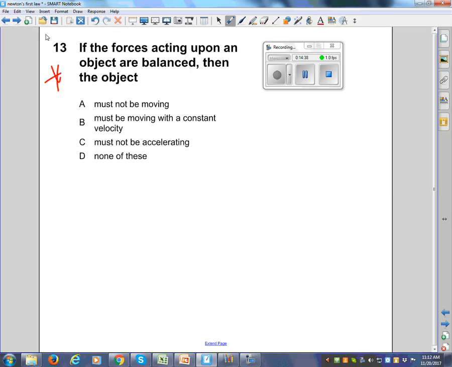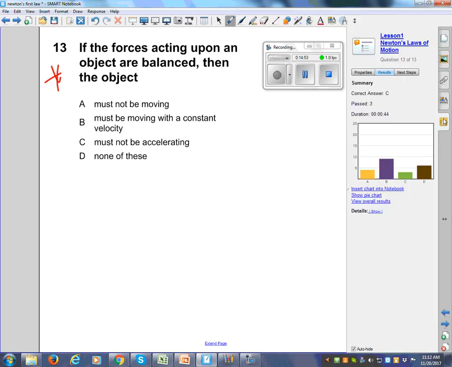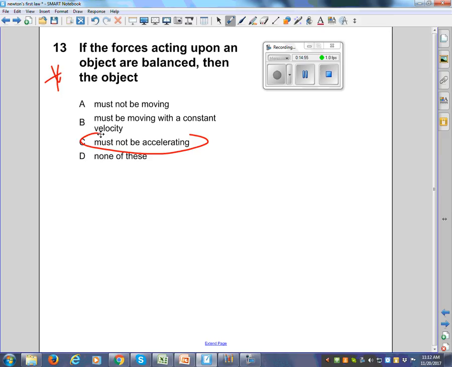If the forces acting upon an object are balanced, then the object A must not be moving, B must be moving with a constant velocity, C must not be accelerating, or D none of these. And what is the right answer? C, must not be accelerating.